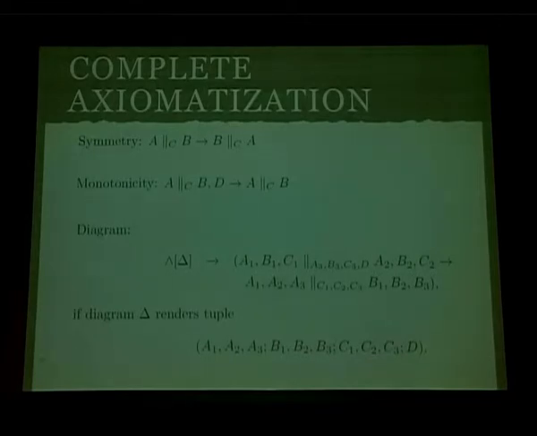If we have a diagram, delta, and there is a tuple rendered by this diagram, then the conjunction of all acting formulas that we use to construct the diagram implies this very, very tricky permutation property.